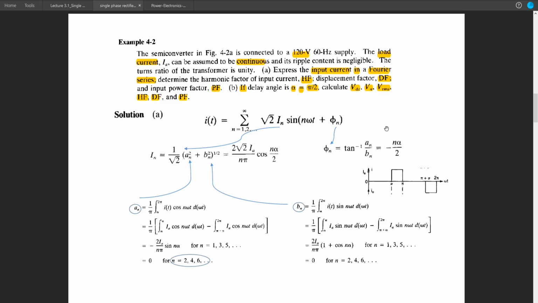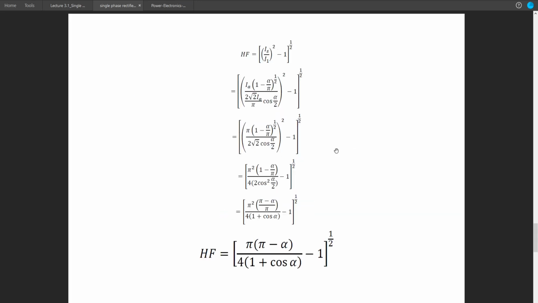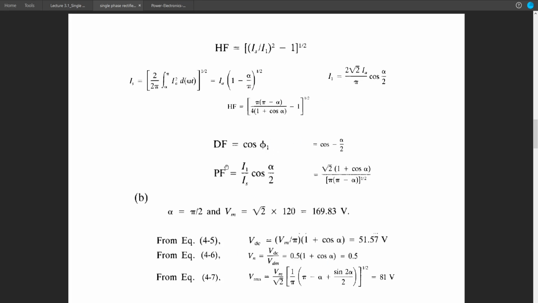So next, the harmonic factor. We have to remember this formula, but from this formula to this detail, you can find it here. So this is also an easy derivation. So the same goes for power factor and displacement factor as well. So in order to derive the harmonic factor formula, we need the value of Is and I1.